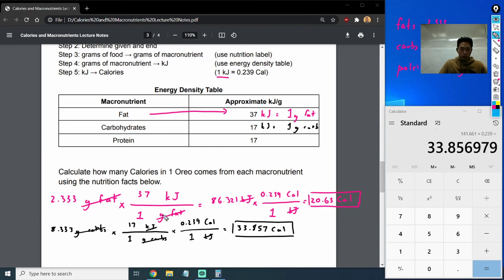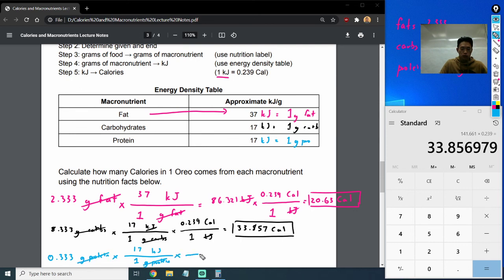And then lastly, for the protein, we have 0.333 grams of protein. We're going to set up a fraction. I'm going to put grams of protein on the bottom. I want to turn that into kilojoules, and so here we look at the table. It's 17 kilojoules of energy from 1 gram of protein, and so we're going to put 17 on the top, 1 on the bottom, cancel these out.